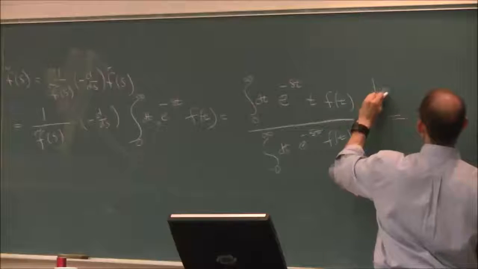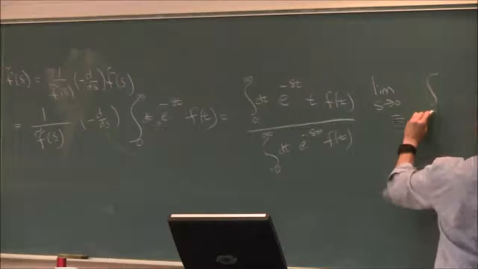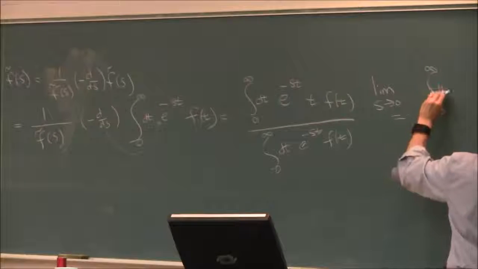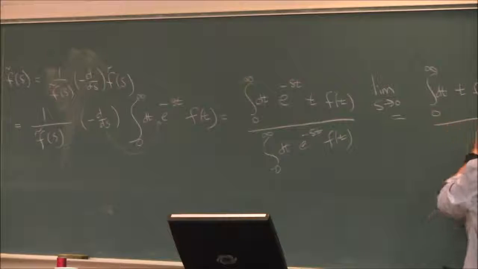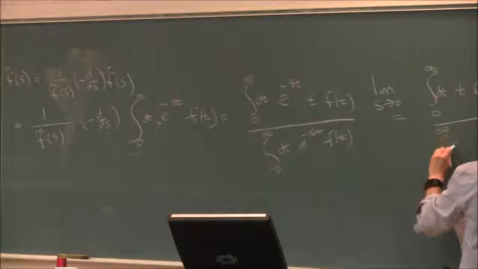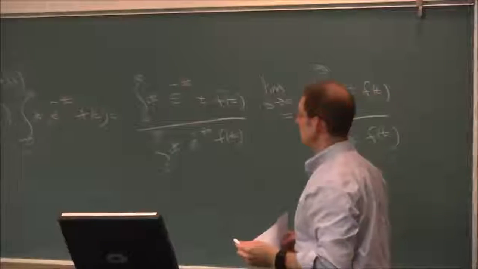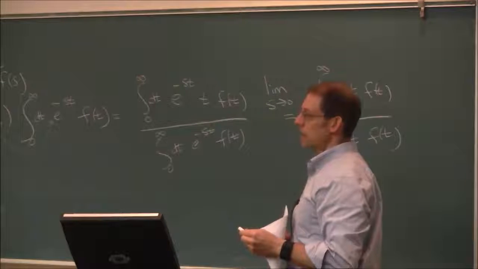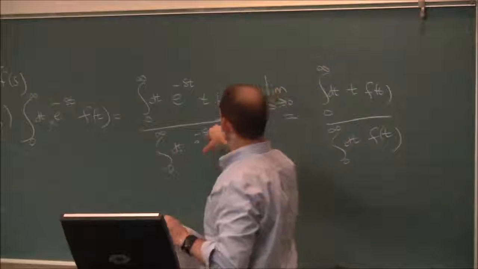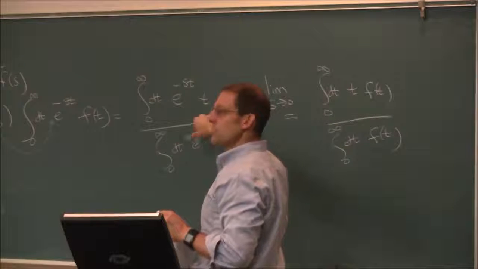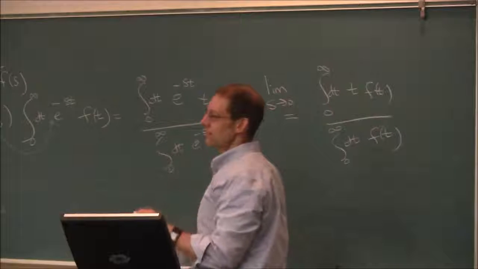And then in the limit as s goes to 0, we get what we wanted. So that's the proof. The only reason it's the limit instead of s equals 0 is for things like the step function, where as t goes to infinity this diverges, and so you don't really get a result.